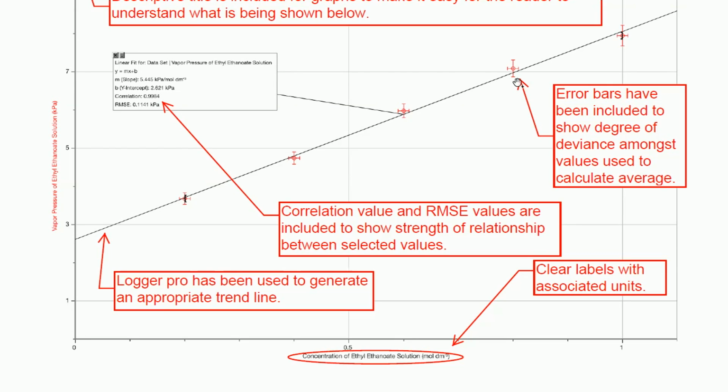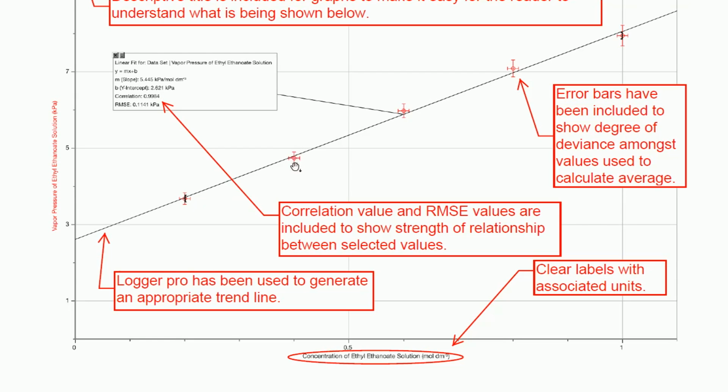In this particular case, because the random error is represented in vertical lines, which is the deviance between data points, or the reliability, in other words, we can assume that systematic error in this experiment is quite small because the line of best fit falls within all of the vertical error bars in this direction.